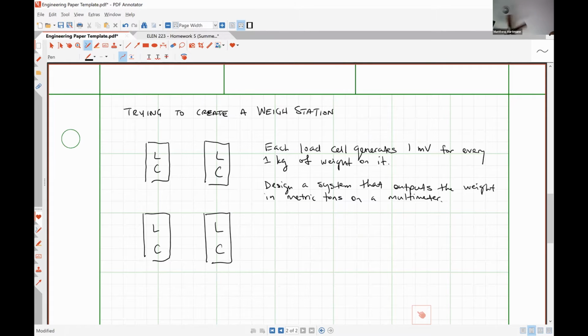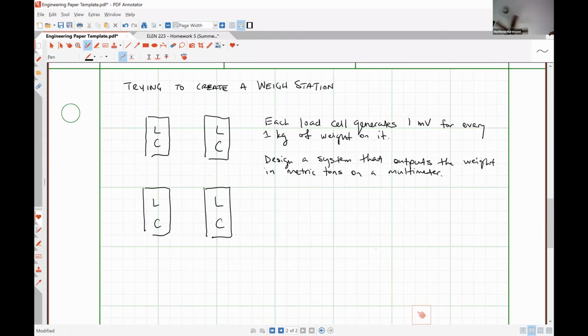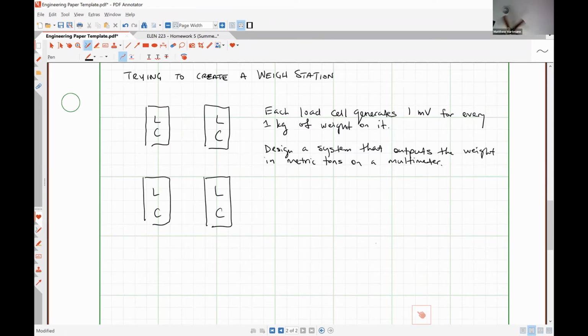How could we approach this, I hope, fairly simple design problem? Any ideas?